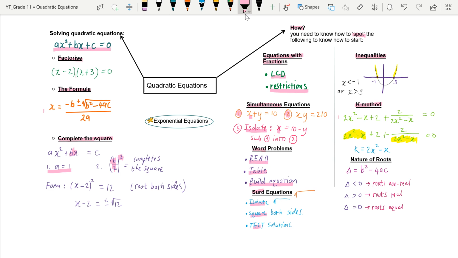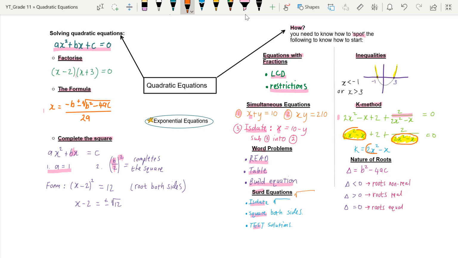So if you get a sum like this one over here, when you see the equations with fractions, students go get the LCD, and then they land up with something like x to the power of 4, and then they just like, I don't know what's going on, and then they give up. So with something like this, when we've got something that repeats, do you see from that sum, the 2x squared minus x is repeated over there, 2x squared minus x.